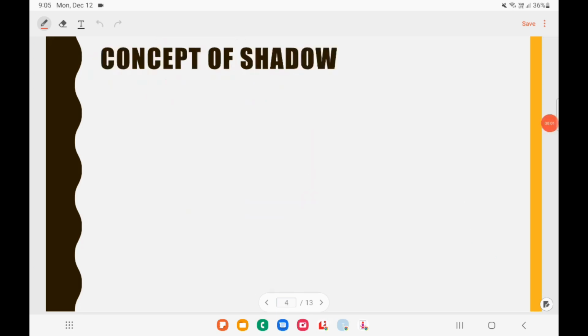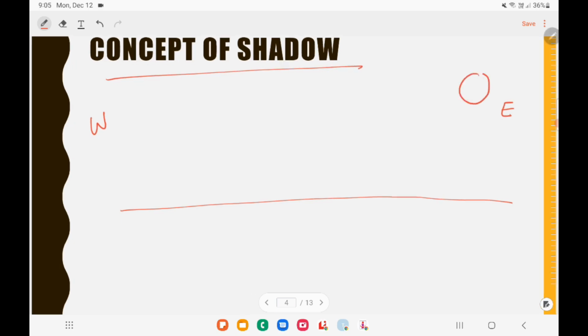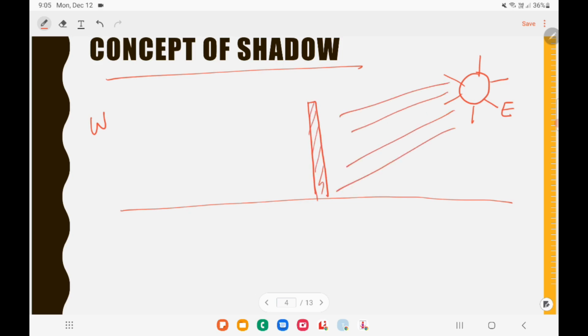Another concept that you need to understand is the concept of the shadow. I'm drawing a diagram like this. Let's assume that this is east and this is west, and we know that the sun rises in the east. In some questions you will be given the morning or the evening. So in the morning, the sun will be here, in the east direction, because the sun has only just risen. And you have a pole like this, and since the sun is in the east direction, its rays are coming like this.